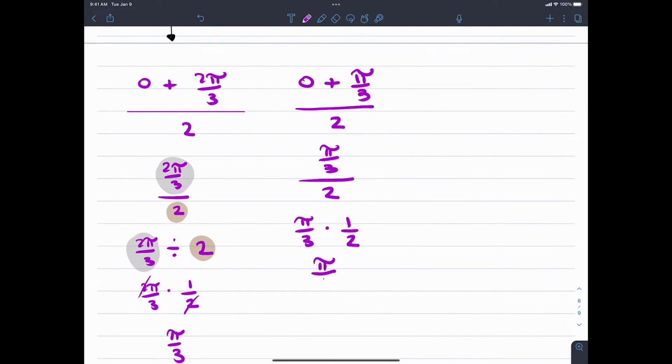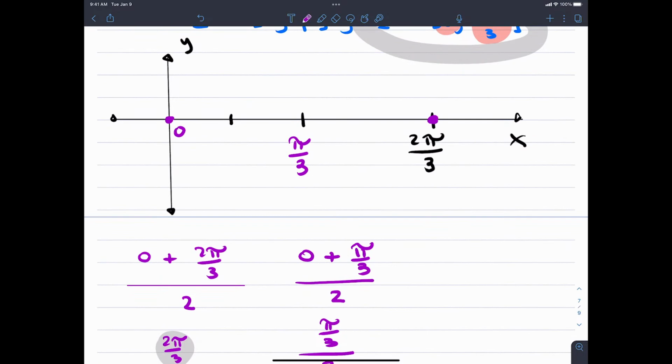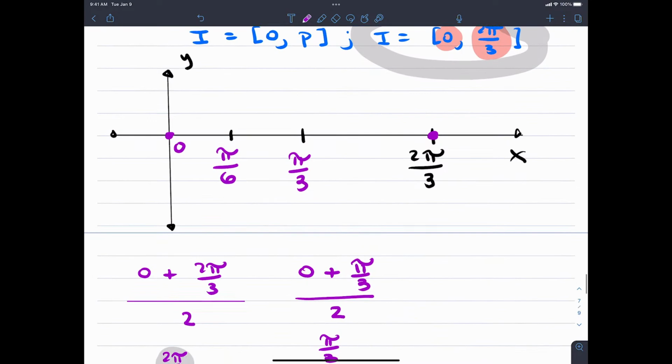You end up getting pi over 6. So, ladies and gentlemen, this value is pi over 6. Okay, you guys okay with that?